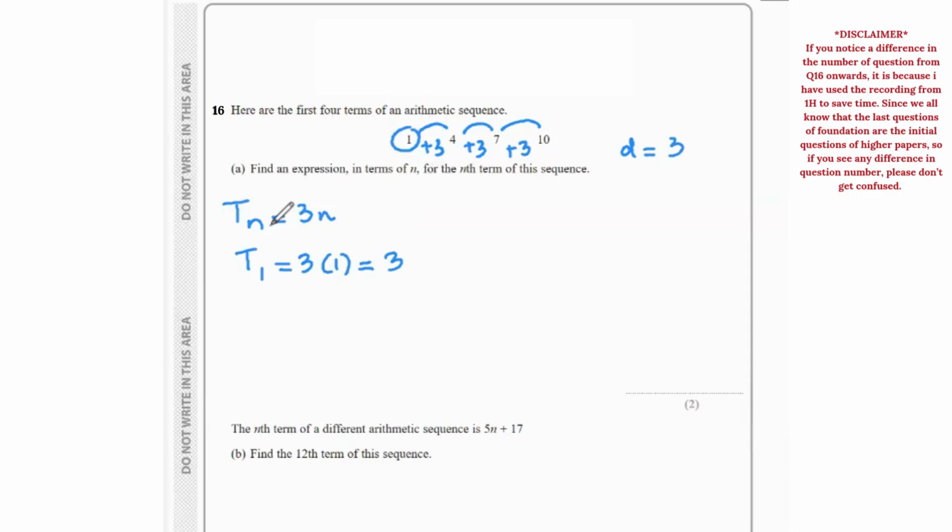So to turn 3 into 1, we need to subtract 2. So using that, if you find the fourth term, that's going to be 3 times 4 minus 2, and that's 10. Hence, the nth term is 3n minus 2.